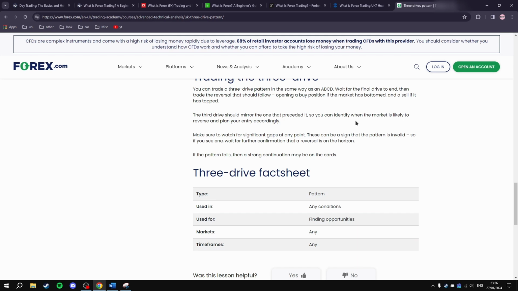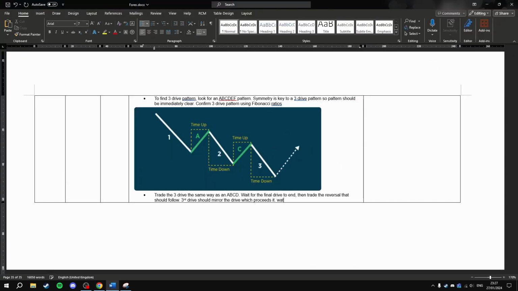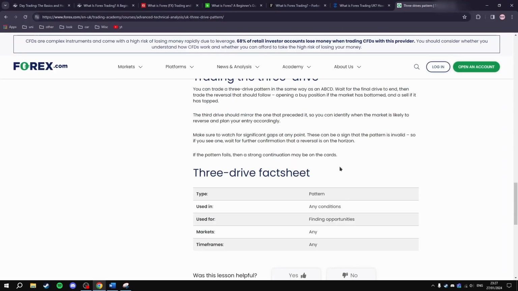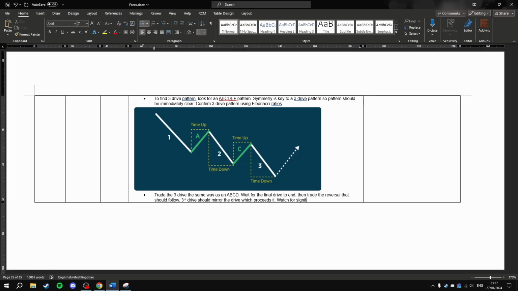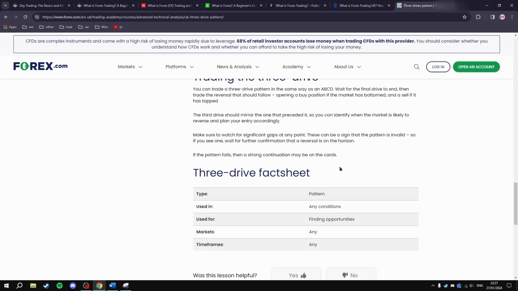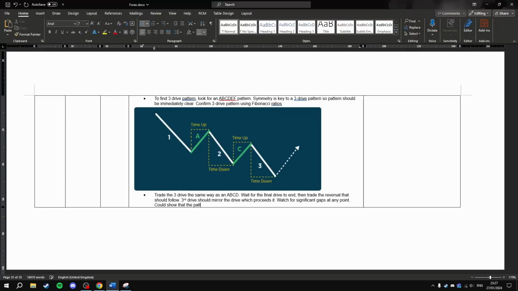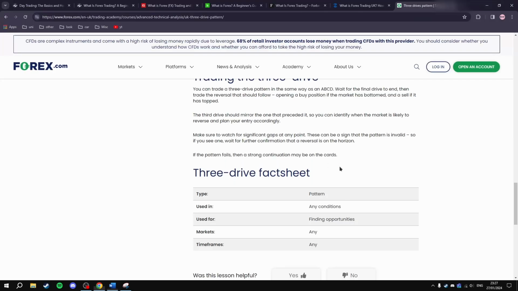So you can identify when the market is likely to reverse and plan your entry accordingly. Make sure to watch for significant gaps at any point. These can be a sign that the pattern is invalid.